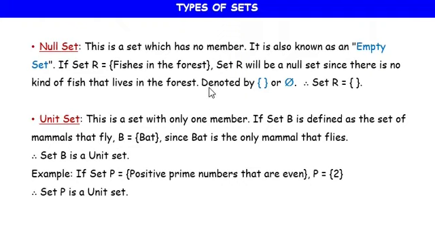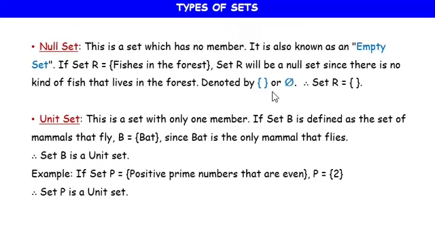A null set is denoted by two empty curly brackets, so there is nothing inside the curly brackets. Or there is another symbol that is used to denote the null set. It is like a zero with a diagonal line drawn across it.